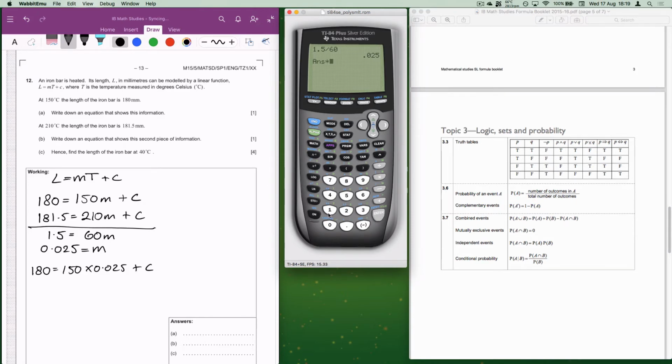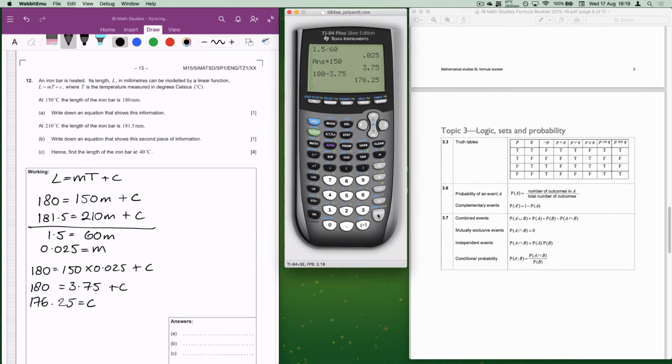So we times this by 150, and that gives me 3.75. So 180 equals 3.75 plus c. And if we subtract 3.75 from both sides, we get that 176.25 equals c.